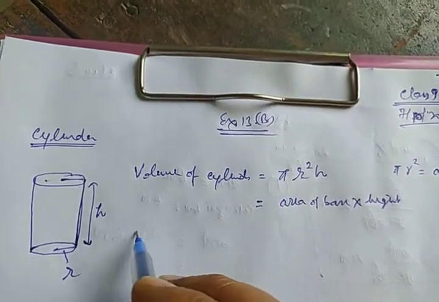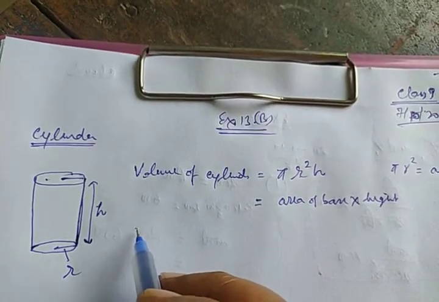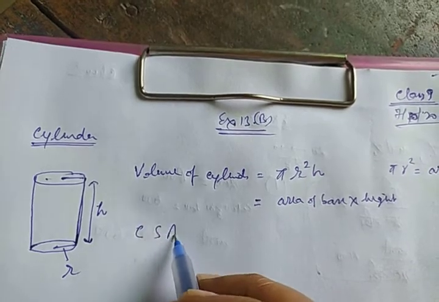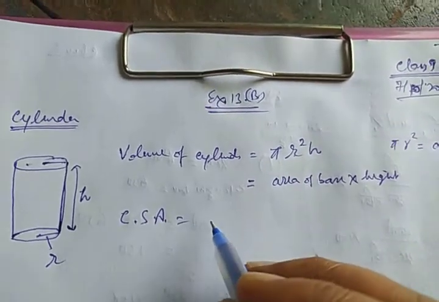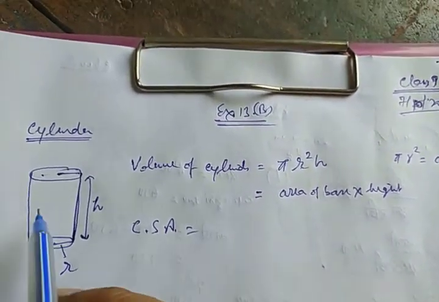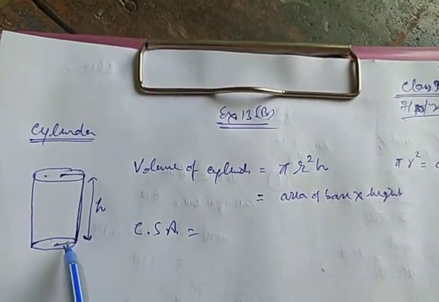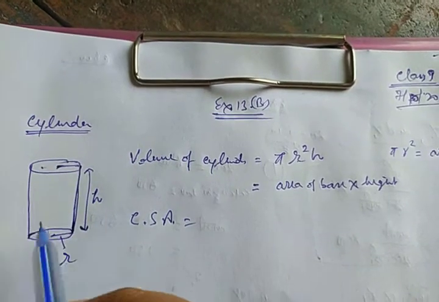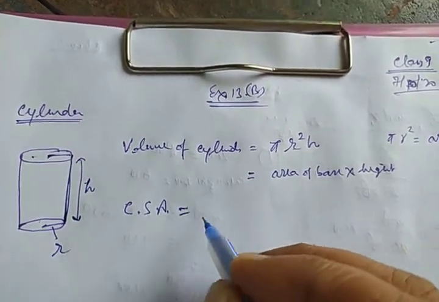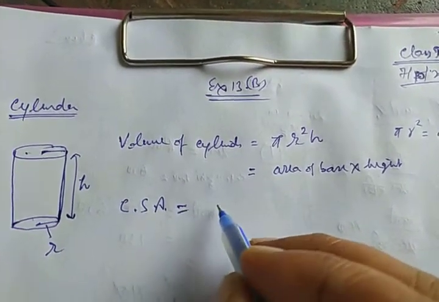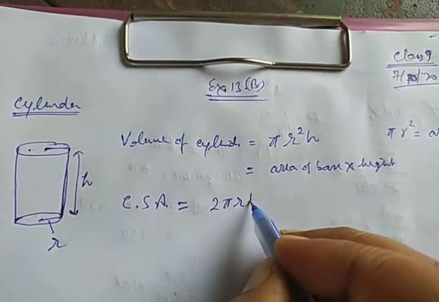Now the total surface area, then curved. First I will explain curved surface, as CSA. Curved surface area is the surface except these two flat surfaces. These are the circular flat surfaces all around the pipe. This is the curved surface area, and the formula would be 2 pi r h.